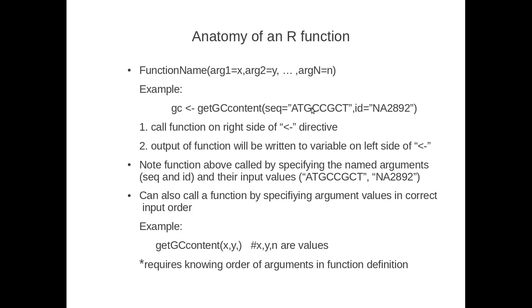You can simply specify the values that go into the function, and you don't need to specify the named arguments when calling the function. But you do have to specify them in the correct order, or you will get unexpected behavior.